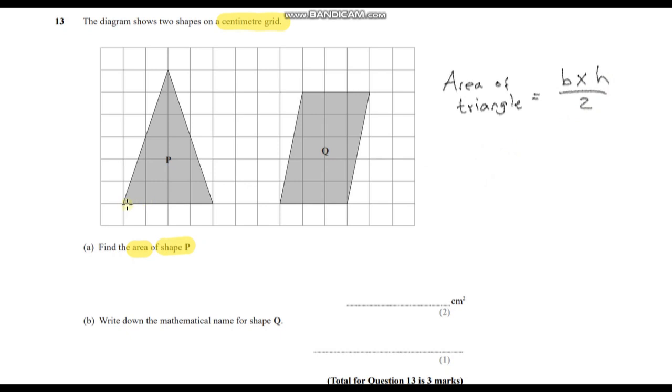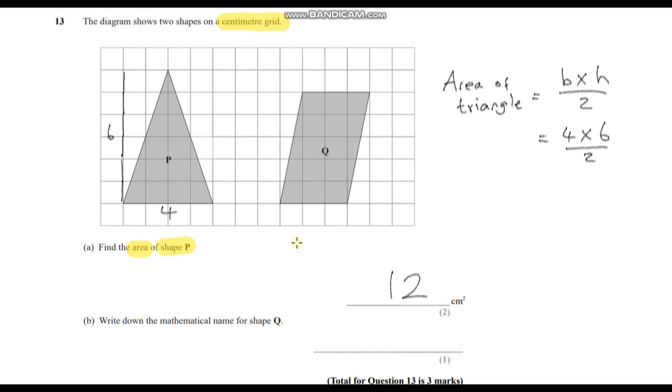So the base is 4 units, or 4 centimetres, because it's on a centimetre grid. The height, well, the height is going to be 1, 2, 3, 4, 5, 6. So we're going to do 4 times 6 and then divide by 2. So 4 times 6 is 24. Half of 24 is 12. Our answer is 12, and it's already got centimetres squared, so we don't need to write that in.